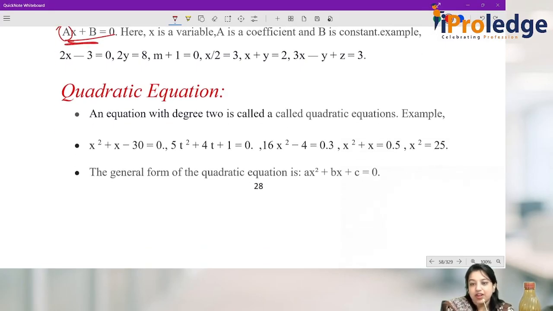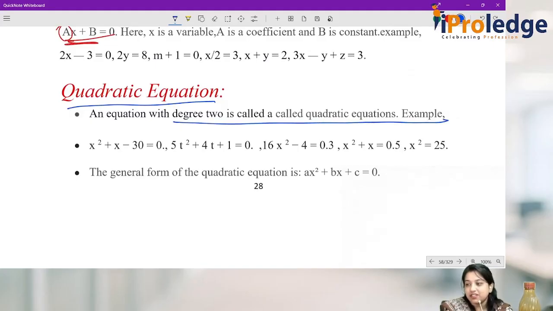Now quadratic equation. A quadratic equation has highest power equal to 2. General form of the quadratic equation? a is the coefficient of x square, b is the coefficient of x.